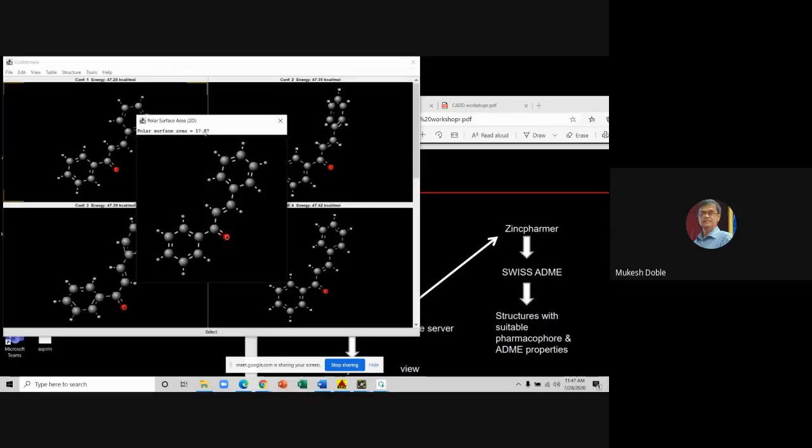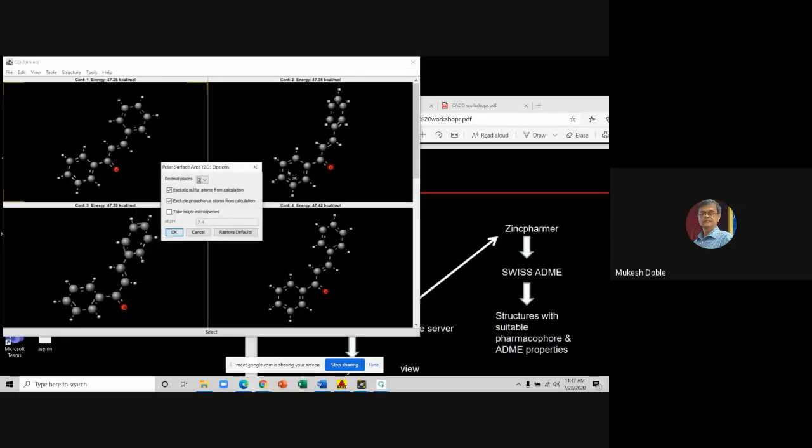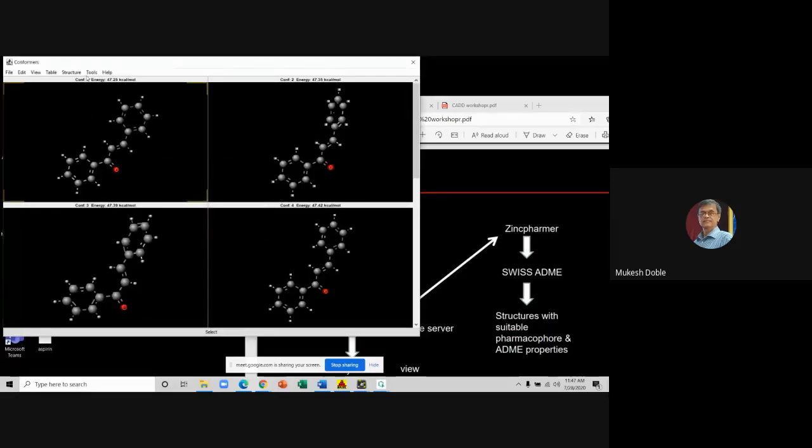Here polar surface area is very low, because it contains only carbon, aromatic. Only one oxygen is there. That's why it's given very low polar surface area. Okay, so chalcones are not water soluble, and that's the problem with chalcones, because they are very hydrophobic.